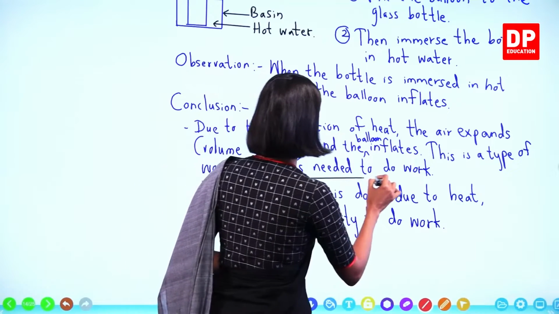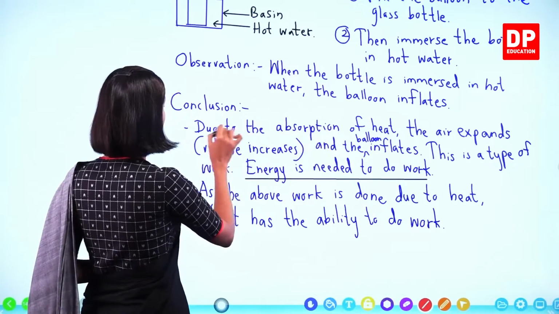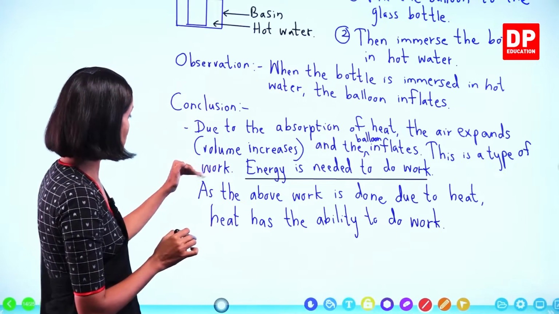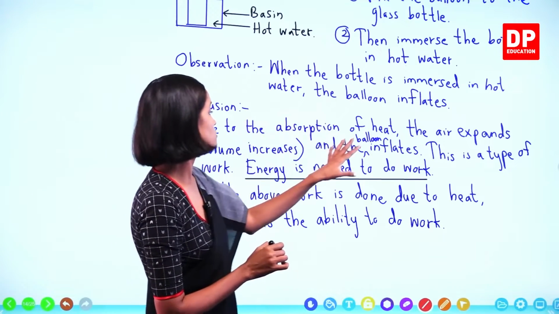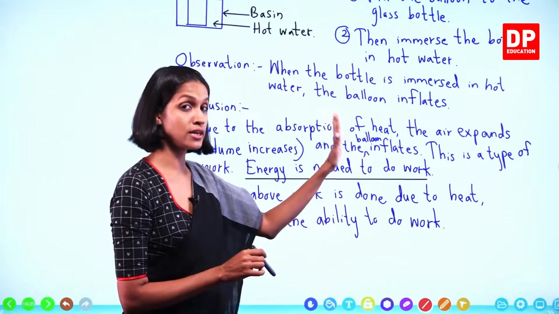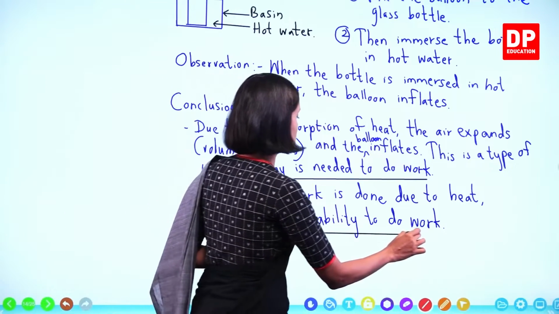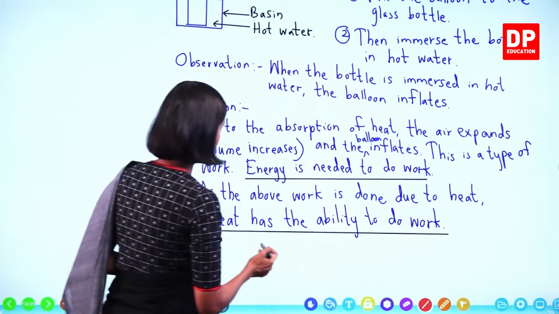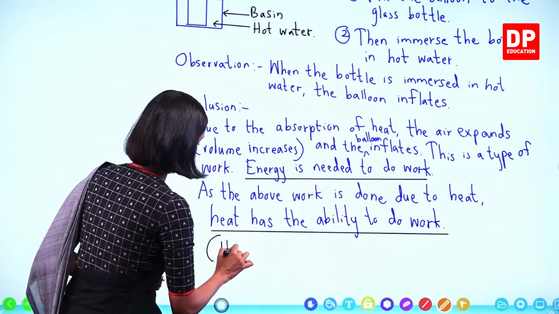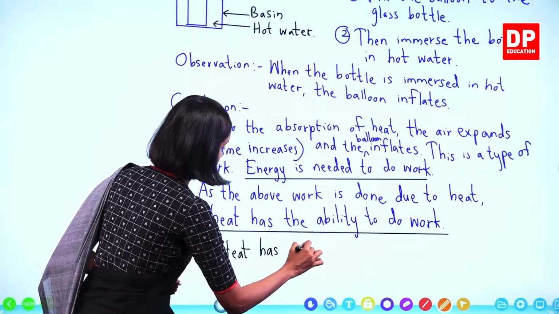So what is the work done here? Due to the absorption of heat, air expands and the balloon inflates. This is a type of work. Energy is needed to do work. As the above work is done due to heat or done by heat, heat has the ability to do work. Or within brackets, we can write heat has energy.